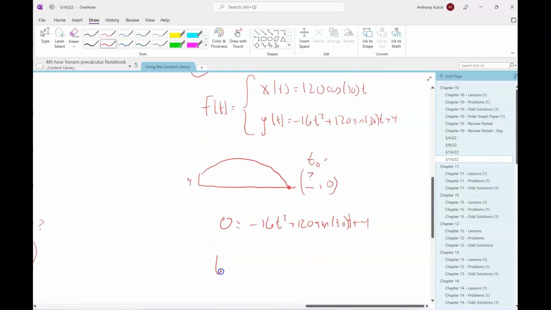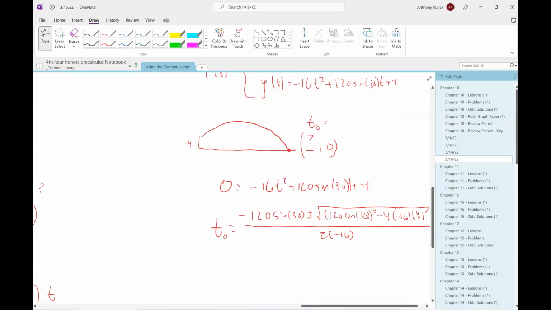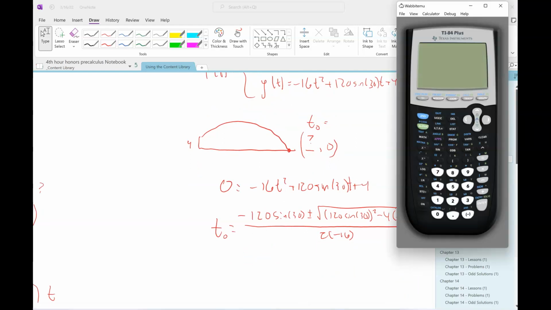So it's a quadratic equation. We'll solve for t, so negative b plus or minus square root of b squared minus 4 times a times c, all over 2 times a. I'll go to my calculator.